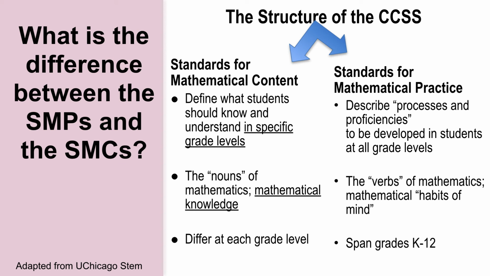Because the SMPs remain the same from K to 12, I often like to think of them as riding a bike. We can ride a bike with training wheels, we can ride a bike without training wheels but with the help of an adult holding the bike for us, and then all on our own. All scenarios represent riding a bike.